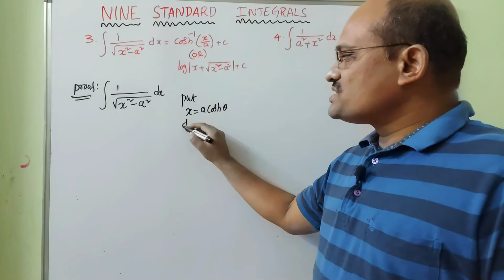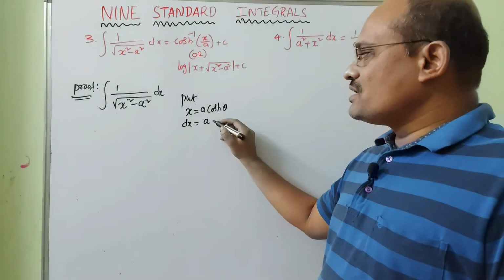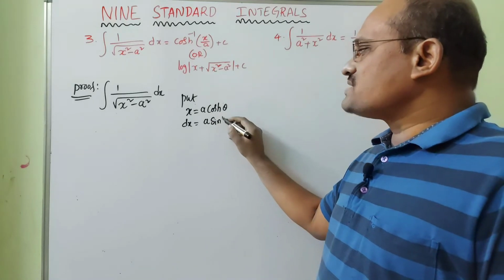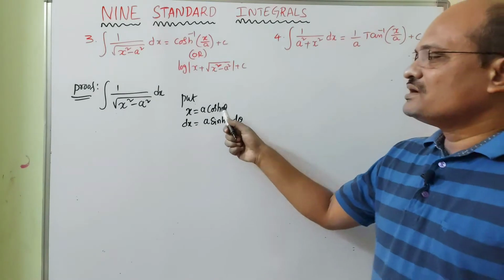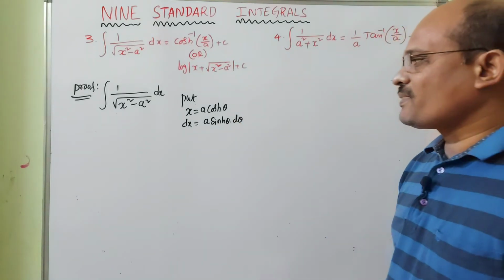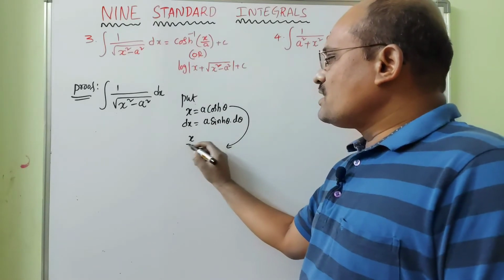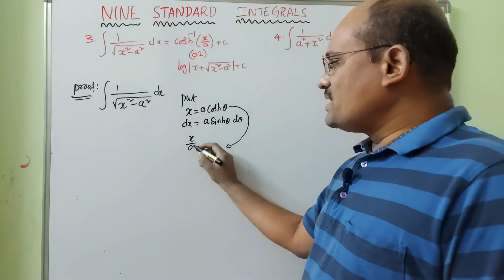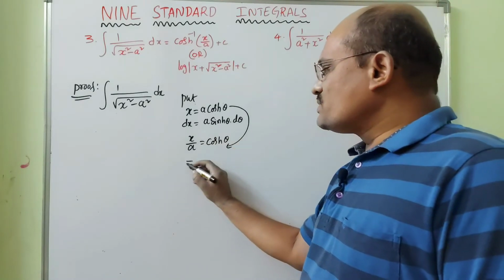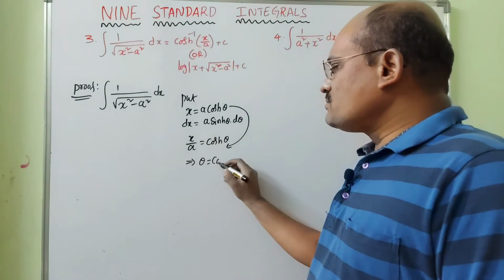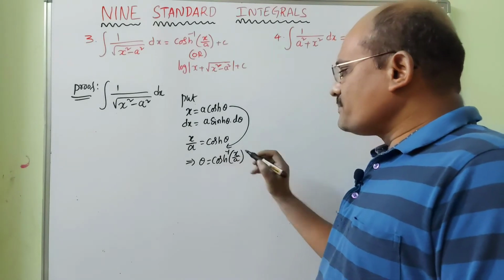Now do differentiation. dx is equal to a into cosh theta, derivative is sinh theta, into d theta. Hyperbolic derivative is sinh theta. Now from this you can divide on both sides by a, you will get x by a equal to cosh of theta. From this we can write theta is equal to cosh inverse of x by a.